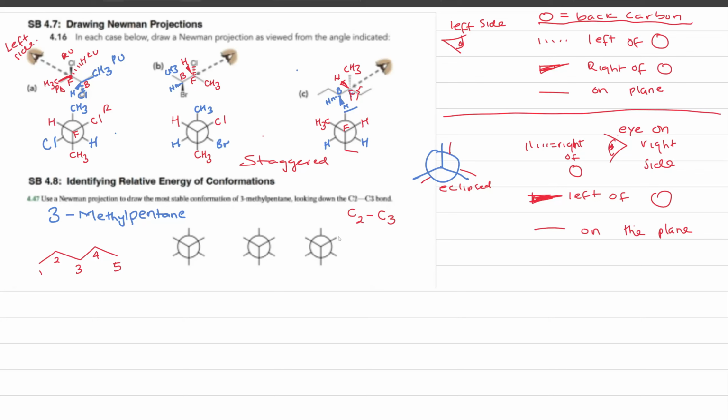Okay, it's not chiral, so we can introduce our own dashes. Okay, let's go with a wedge. Does it matter? No, because this bond can rotate. You can put the methyl group on a wedge or a dash.